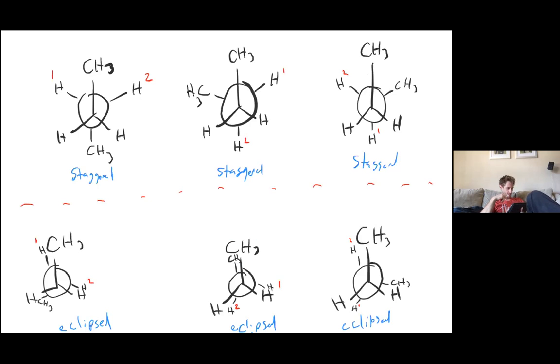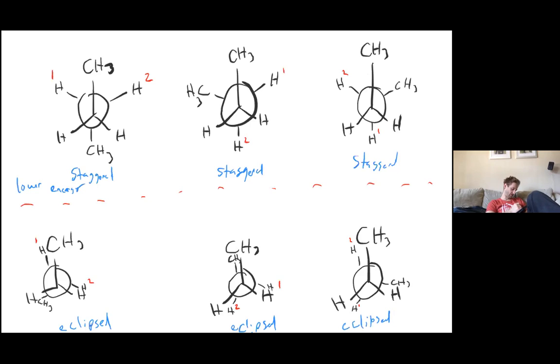All right, so now when we look at these, we're going to group them by energy. All the staggered are going to be lower energy, just because it's easier for those hydrogens or carbons to be spaced apart than it is for them to be on top of each other.